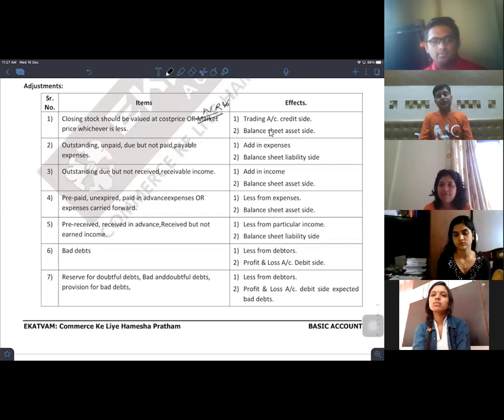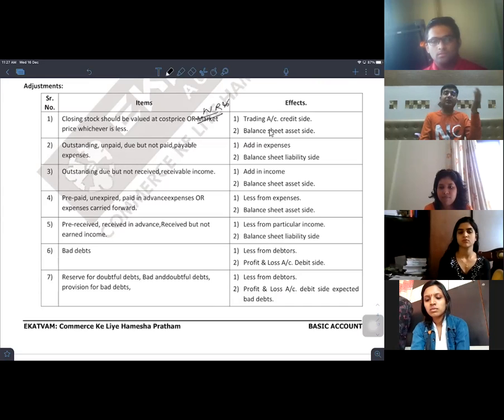So if I'm expected to match my expenses with the income of the same year, I am expected to show only that much of purchased goods as my expense, जितने मैंने इस साल में कंज्यूम किए, जितने मैंने इस साल में यूज किए. तो जो गुड्स अभी तक अनयूज्ड या अनसोल्ड हैं, that cannot be treated as my expense of the current year, and that's why either you reduce it from the purchases on the debit side or you show it on the credit side of the trading account.